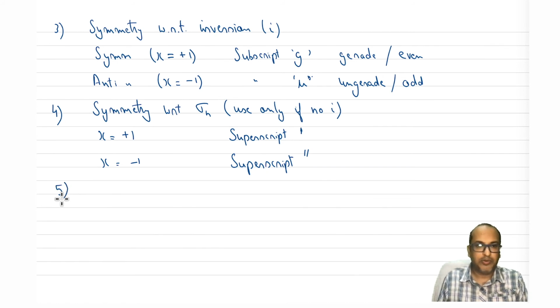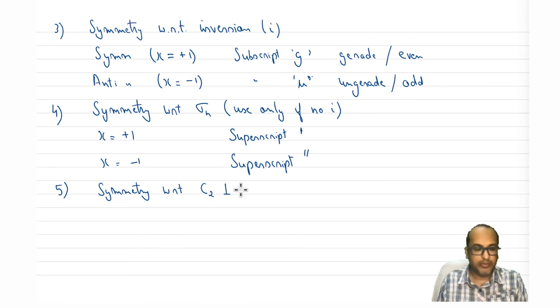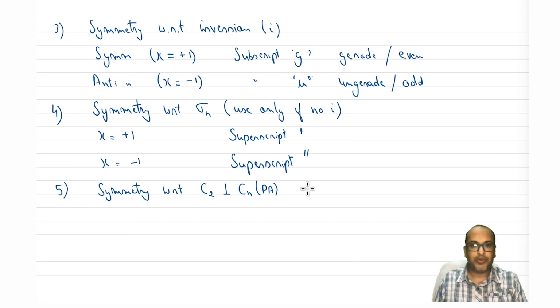Now also, if symmetric with respect to C2 perpendicular to Cn, which is the principal axis, or sigma v if there is no such C2.